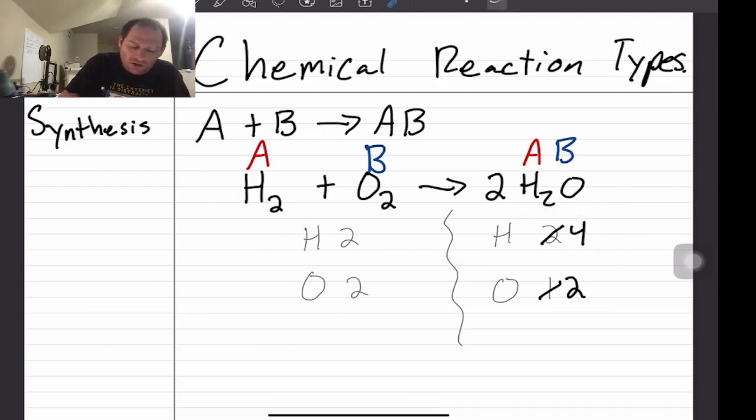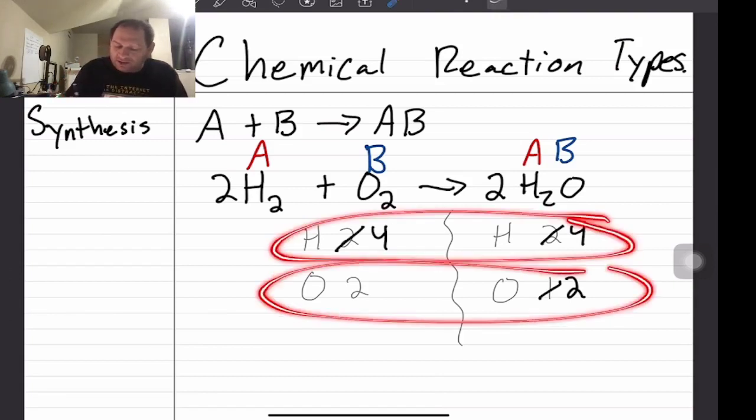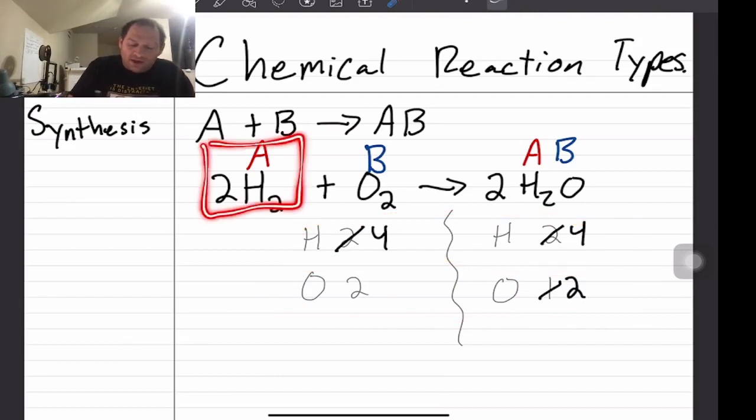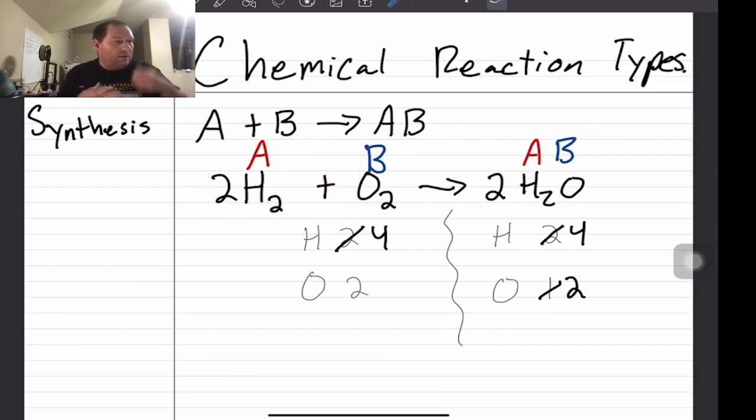Wrong thing. A coefficient of 2, which will now make this into a 4. Now these sides match, and these sides match. Cool. So a synthesis reaction is where you have an A plus a B coming together to make an AB. Easy peasy, lemon squeezy.